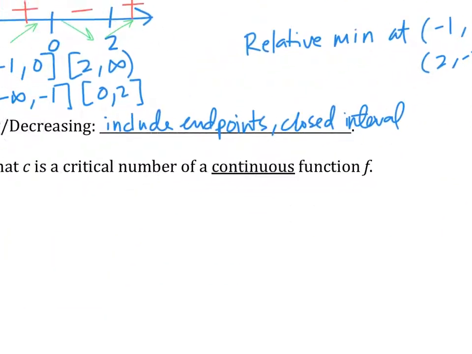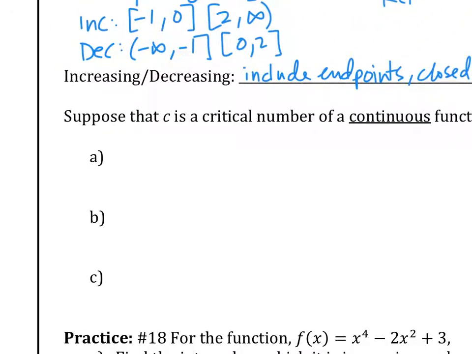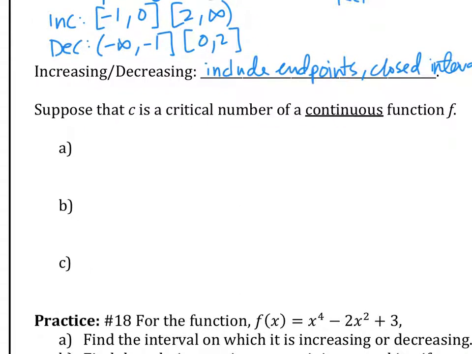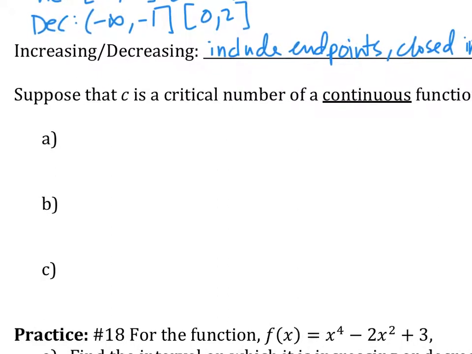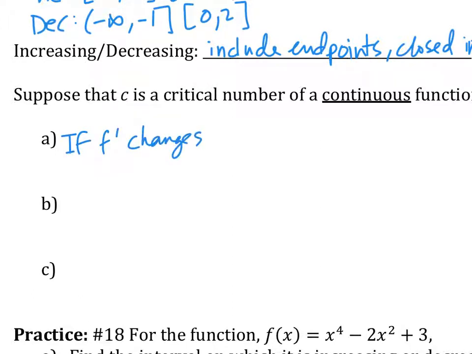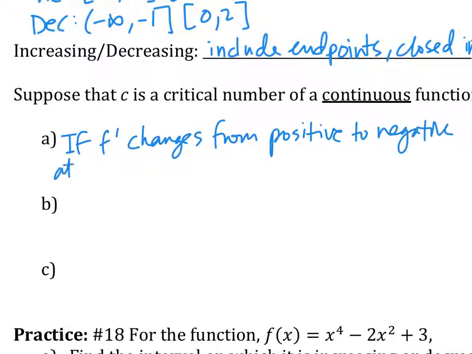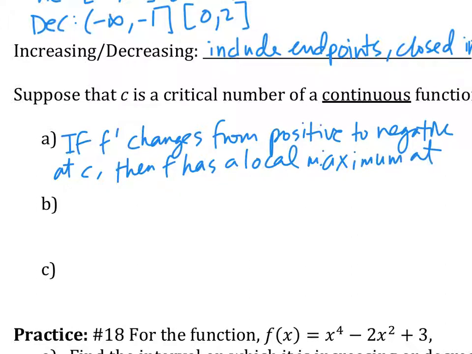Okay, so let's write this down. If c is a critical number of a continuous function f, if f prime changes from positive to negative at c, then f has a local maximum at c.